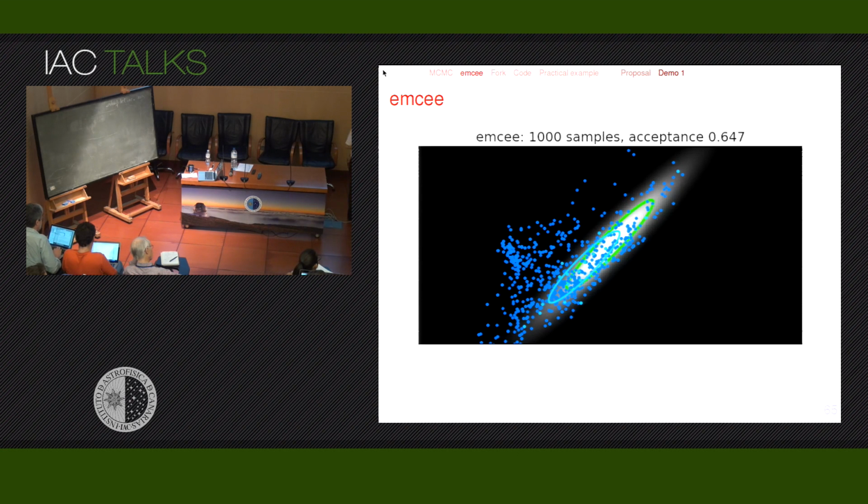Let me go to the next page. Imagine that you're in a one-dimensional parameter space that has two peaks, right? Let me put this one further out.